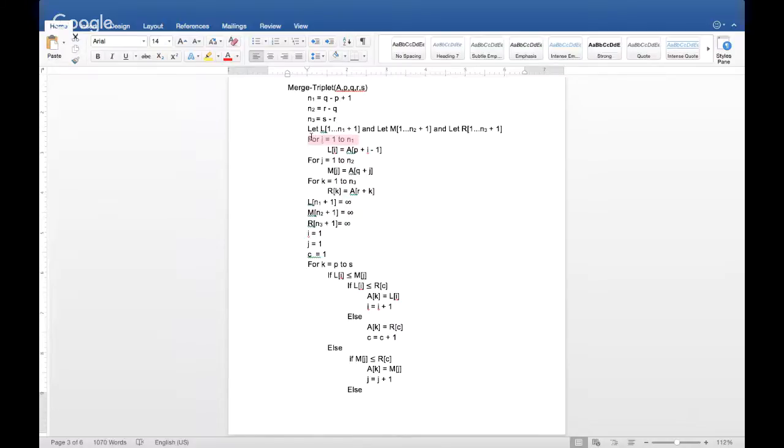So for the first loop here, we have for i equals 1 to n1. So for all the elements, we do this for each of the arrays.